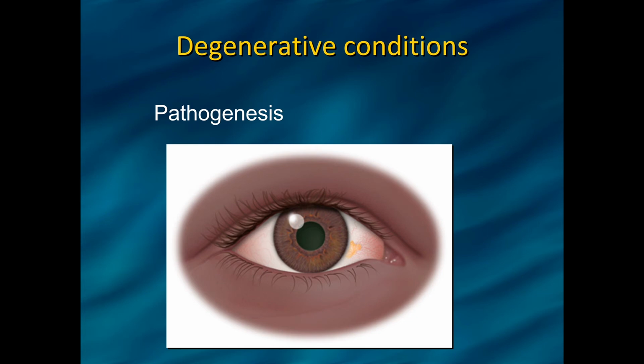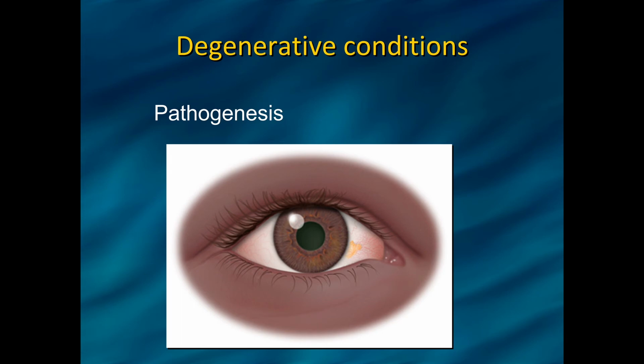Collagen is supposed to be straight lamellae, but if it is coil-like, it will simulate the elastic tissue. But if you stain it with special stains for elastic tissue, it doesn't stain. So we call this elastotic or elastoid degeneration of the conjunctiva.